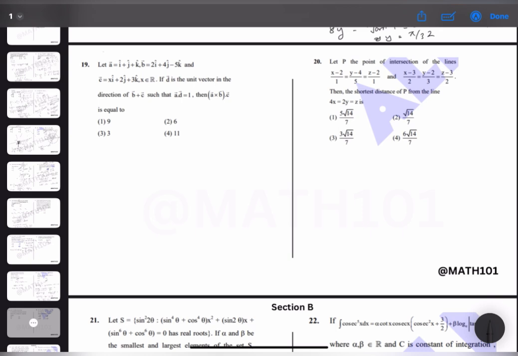We are given vector a, vector b, vector c, and d is the unit vector in the direction of b plus c, such that a dot d equals 1.